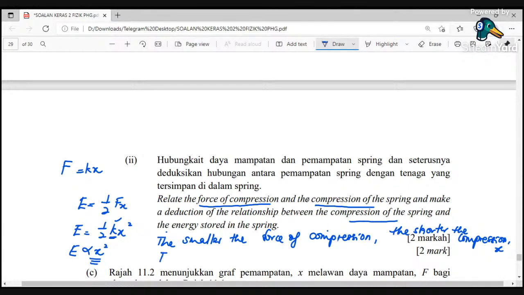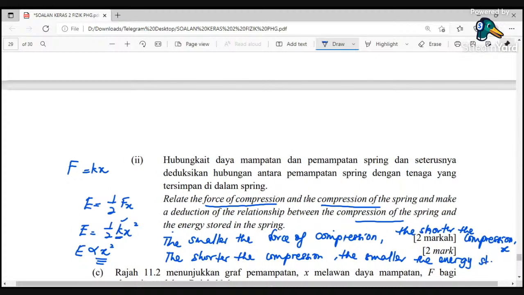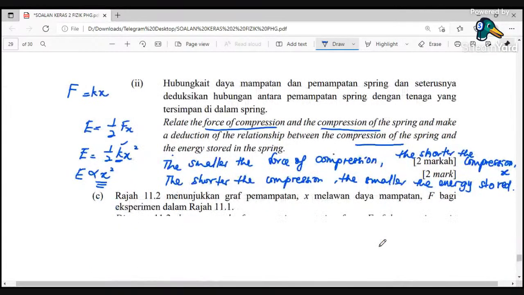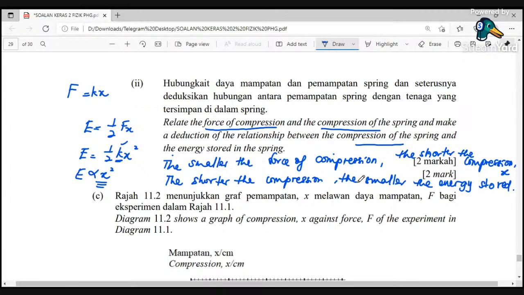So means the shorter the compression, the smaller the energy stored. Okay, so ini based on the formula lah. In case you don't know the formula, you go back to the list and check there. You can get the formula from the list. Okay, dan ini dapat 2 markah ya, satu-satu.